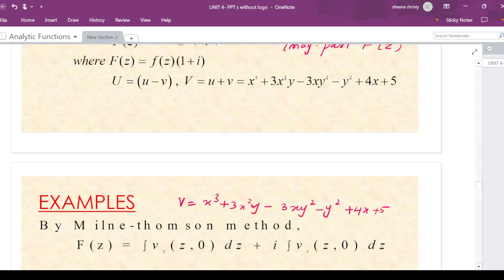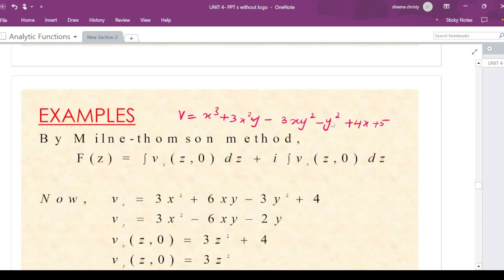So now we are going to find the derivative of V partially with respect to x. That gives you 3x square plus 6xy minus 3y square plus 4. Likewise, differentiating V partially with respect to y, you will get 3x square minus 6xy minus 2y.